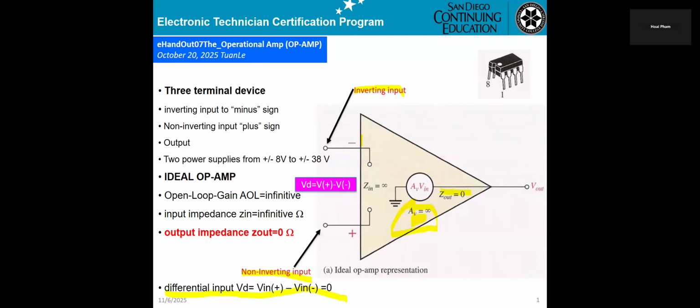So when you're looking at the symbol of the op amp, you have to remember that information in order to keep moving. And you can say that will be the IC you will be using in the lab.